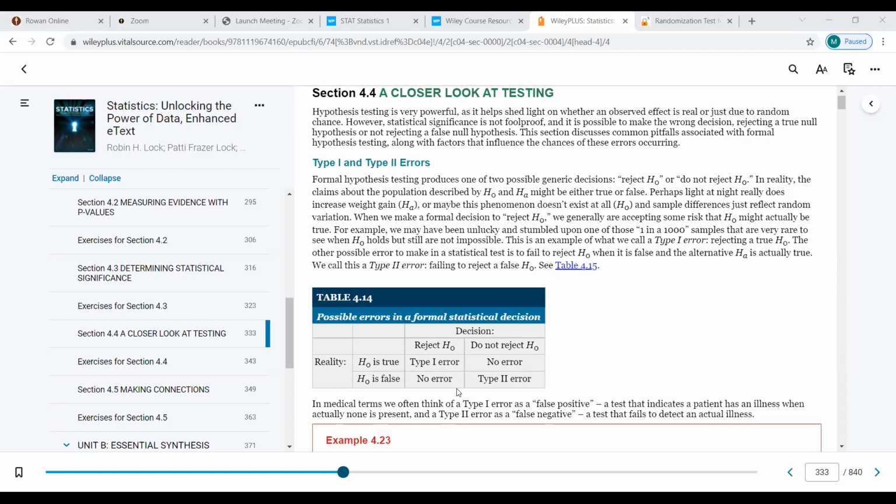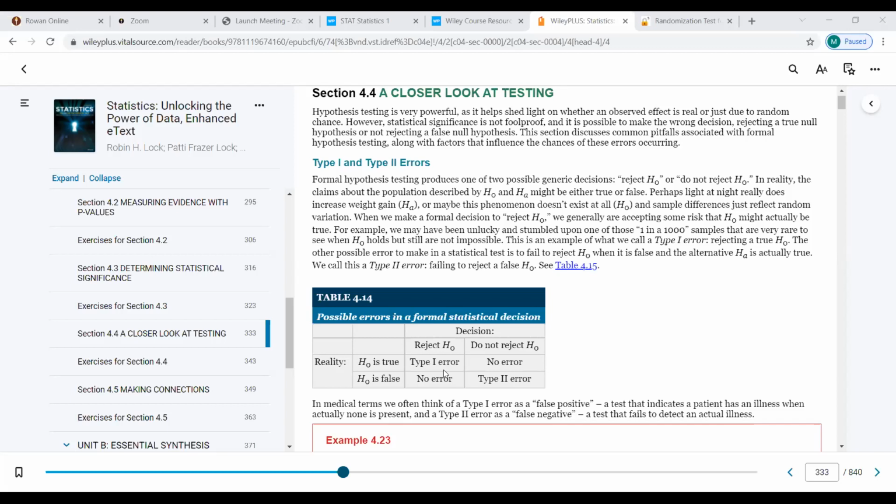So where do the errors come? The errors come in two forms. If we reject the null hypothesis, but the null hypothesis is actually true in reality, that is called a type 1 error. In the case of the person being charged with a crime, if the jury thinks there's enough evidence to convict, in other words to reject the null hypothesis that the person's innocent, but the person is actually innocent, that is a type 1 error.